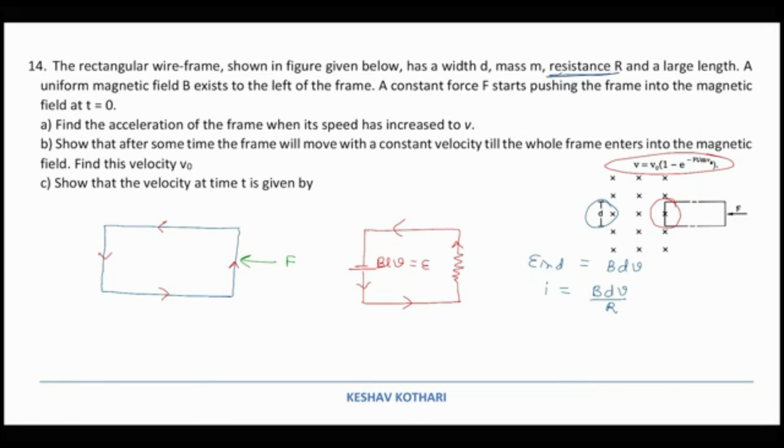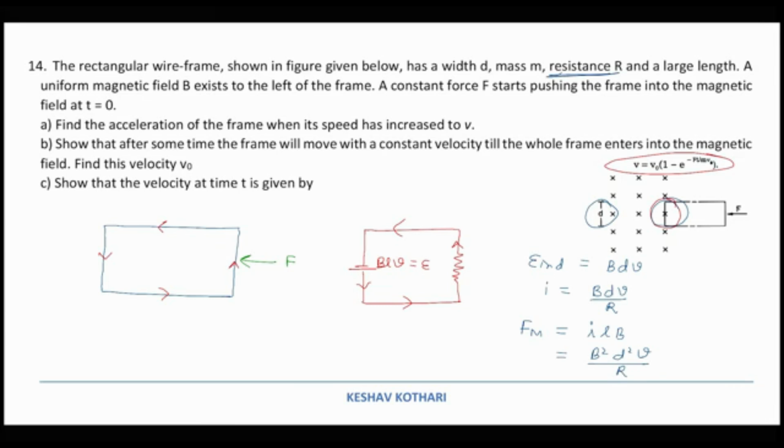Now due to this, a magnetic force will act on this rectangular loop. So this magnetic force which will act on this length of the wire can be calculated as ILB, and the value of ILB will be obtained as B square d square V upon R.